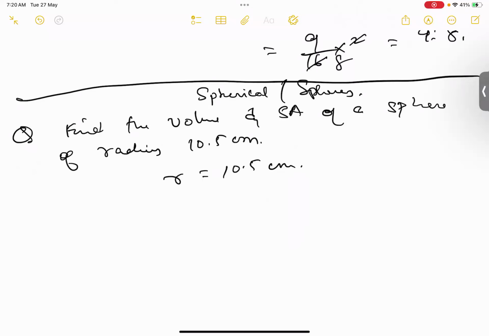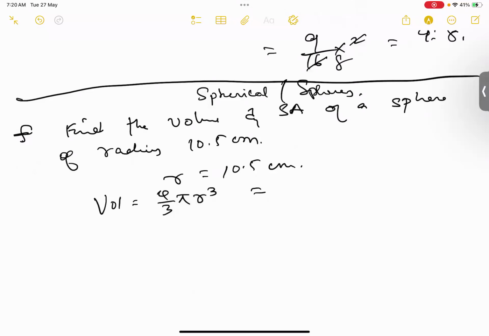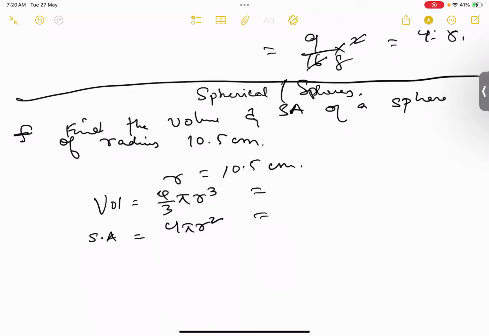Now we know that the volume of a sphere is nothing but 4 by 3 pi r cube, right? So if you substitute the value, you'll get the answer. Similarly, surface area is nothing but 4 pi r square. If you substitute the values, you will get 4851 and 1386.